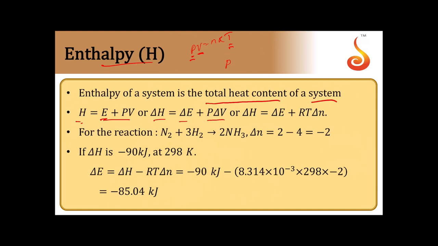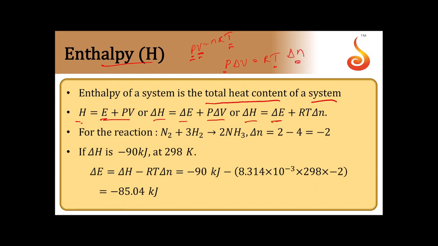Therefore, we can write P delta V is equal to RT delta N. So here P and T are kept constant, so volume is changing here because of change in the number of moles of the system.